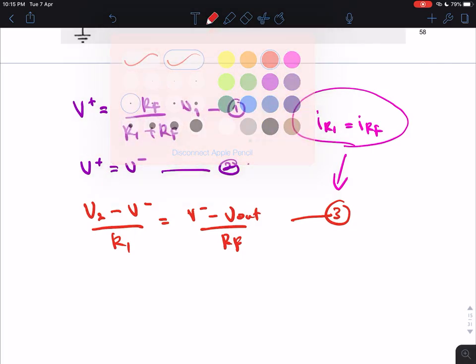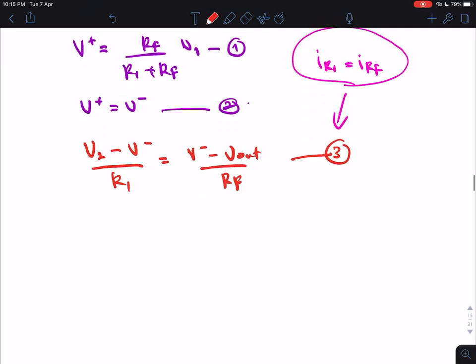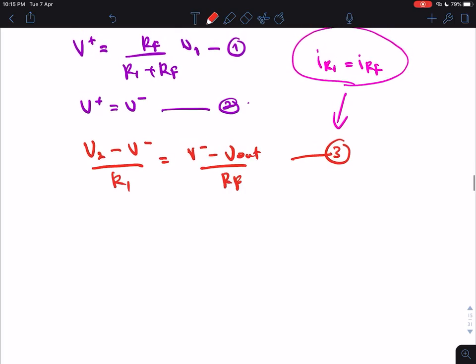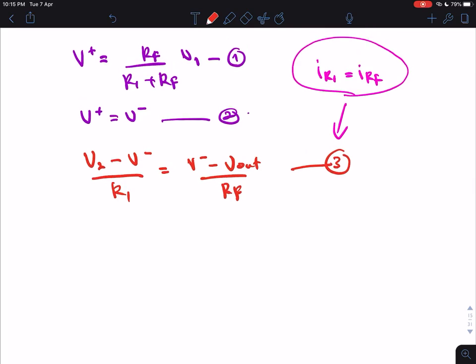Alright, so we make it simpler in order to put expression number 2 and number 1 into expression number 3.